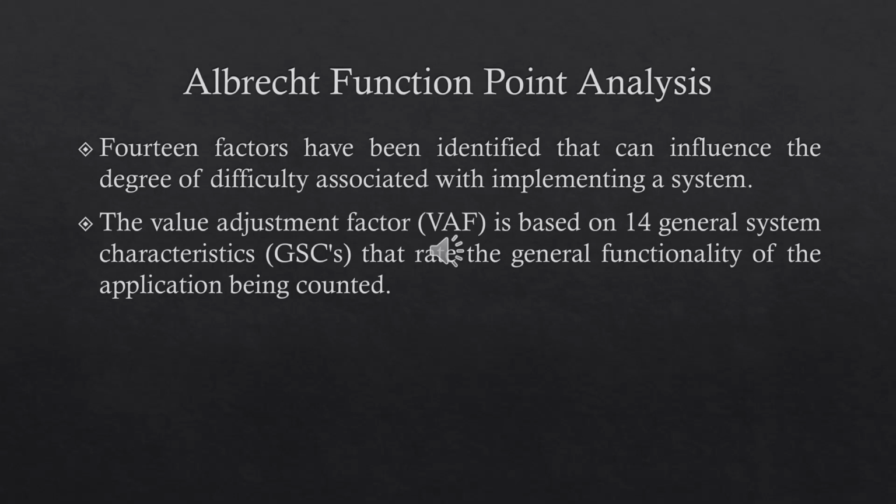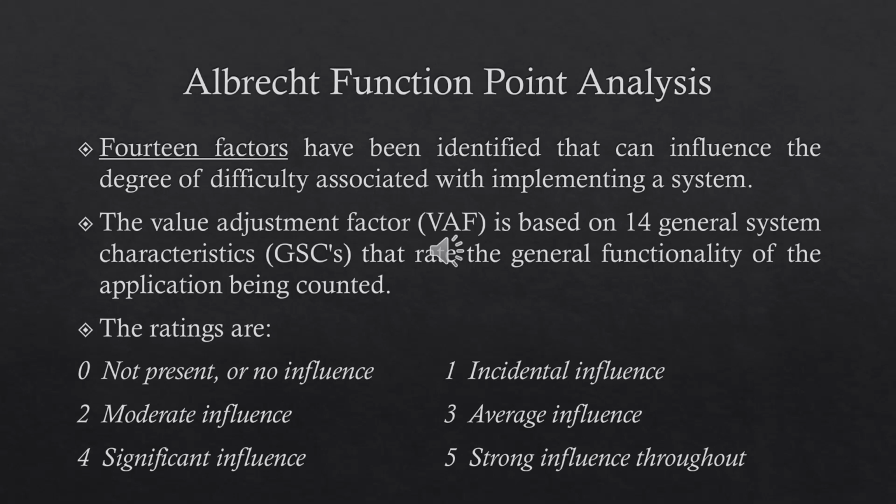The VAF is purely based on the 14 general system characteristics. Each characteristic has associated descriptions that help determine the degrees of influence of the characteristics. The degrees of influence range on a scale of 0 to 5.